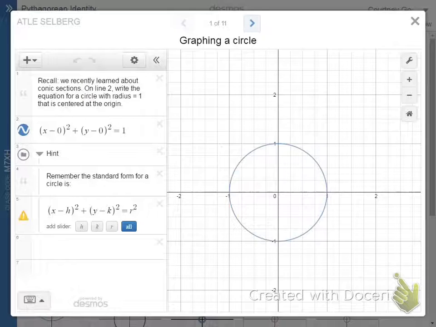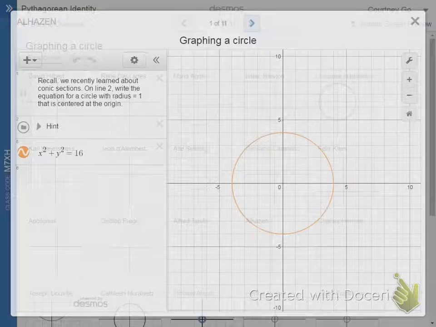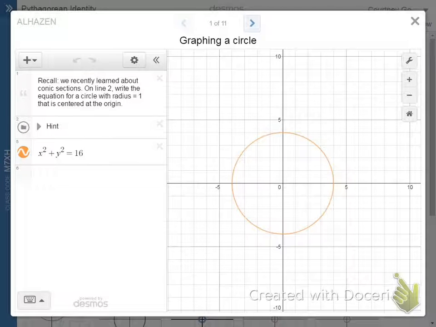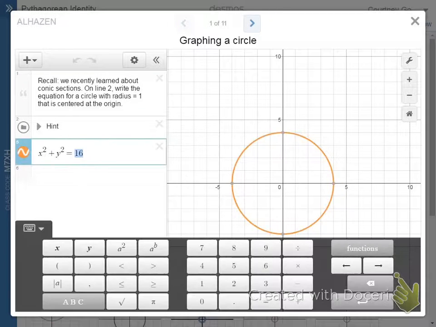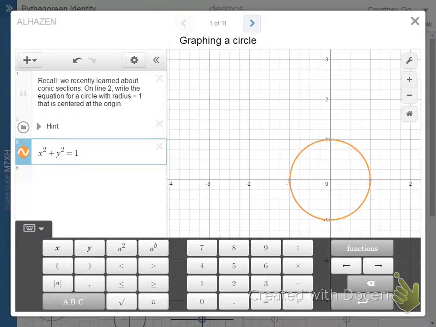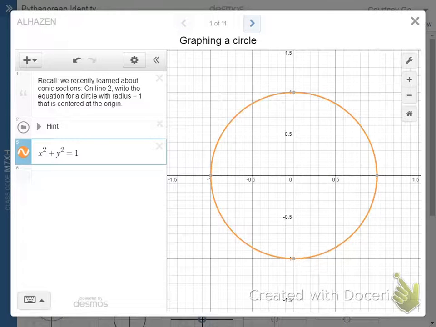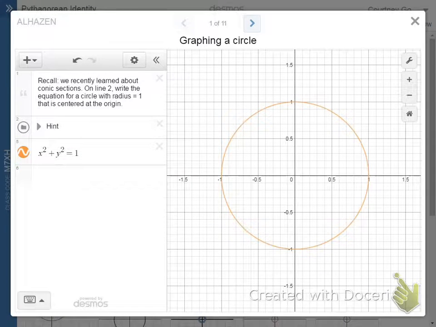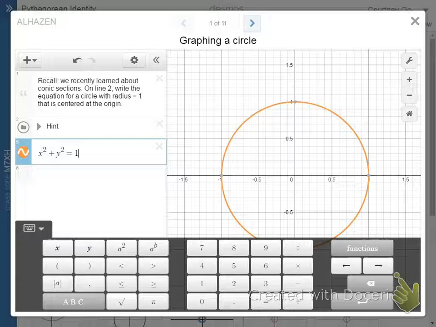Let's see if someone did it without the zeros. Oh, this person accidentally had a radius a little too big. They did a radius of 4, so if they change this to 1, that would give them the correct circle here. So with a radius of 1 centered at the origin, which is just 0, 0, this is the equation that you want to use there.